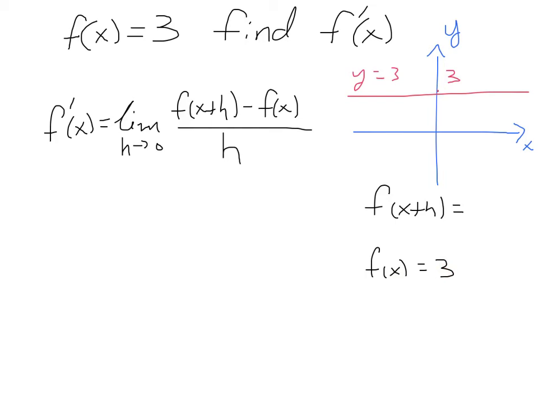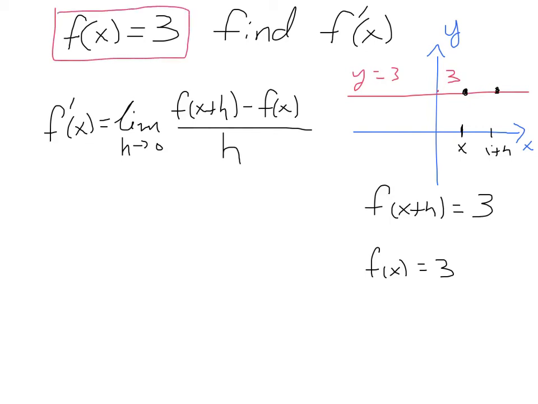Now remember what I said before. If this is your point x, and this is x plus h, then f of x is 3, f of x plus h is still 3. It's stuck on the same line, okay? So we'll just write down that f of x plus h is also 3. This is a constant function.